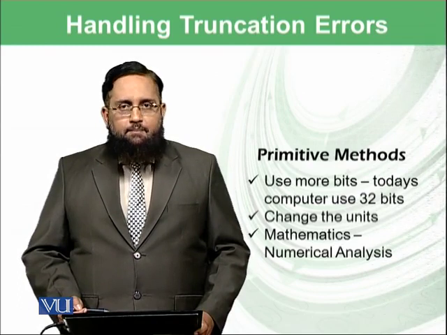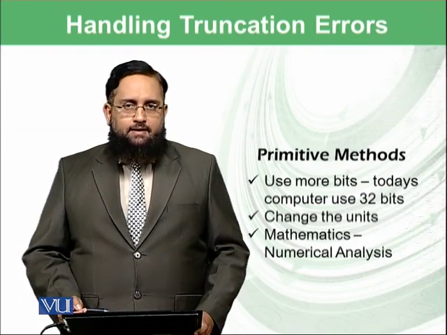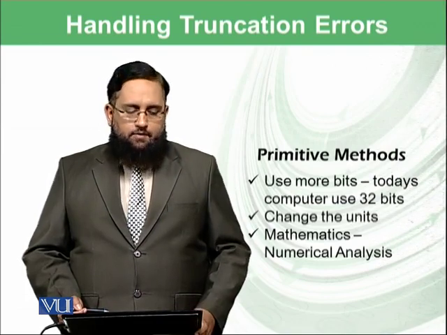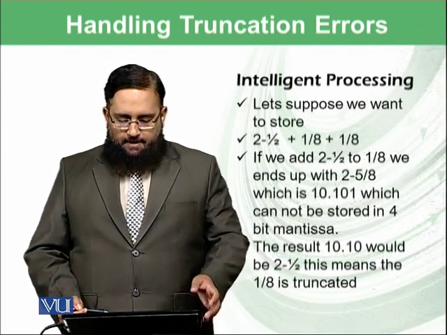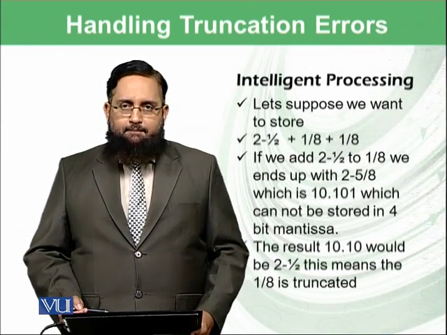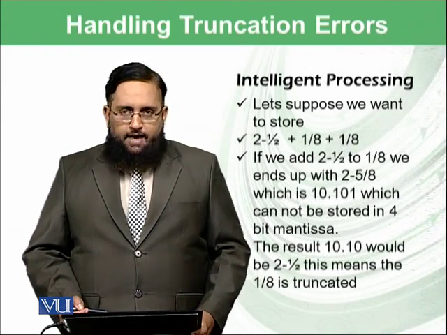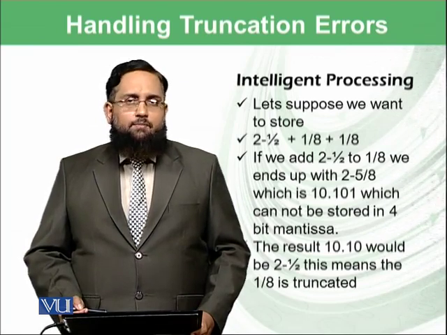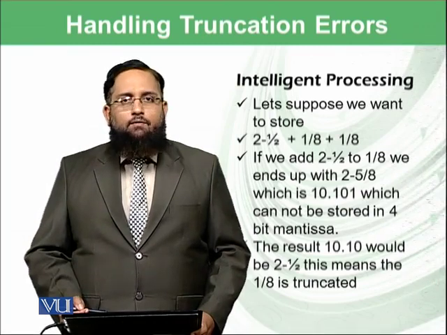And then there is a mathematical field called numerical analysis, which works hard to solve such problems. Let's have a very interesting example here that shows there is another method to avoid truncation error by intelligent processing of our queries.